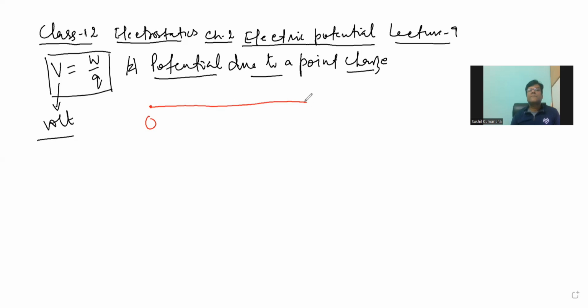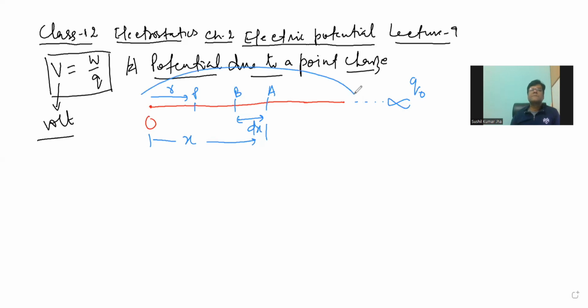Then there are a few points around it. Let's say P. The separation of P is R. Then we have two points A and B having separation dx, and A is separated by distance x. It extends up to infinity, and let's say we have a charge Q naught. So this is the domain of this charge.